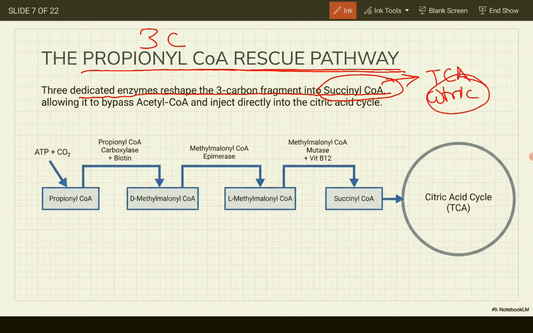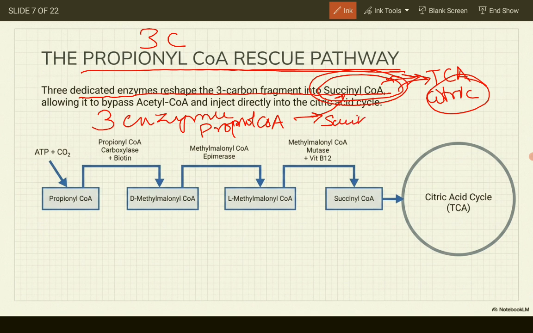This is an important molecule that can enter the TCA cycle. So 3 enzymes will convert this propionyl CoA into succinyl CoA so that it can enter the citric acid cycle.